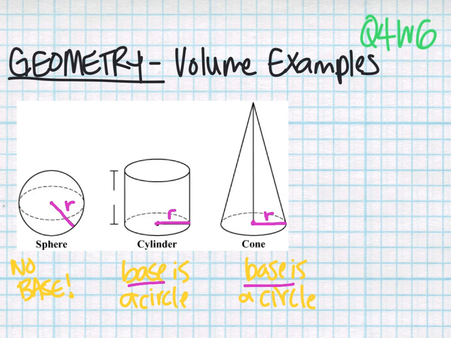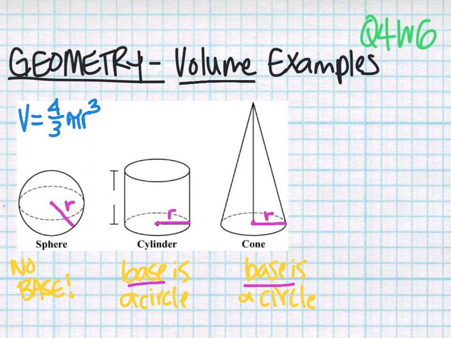So let's start with the sphere. The volume of a sphere is equal to 4/3 pi r cubed. Now, volume is how much stuff is inside.